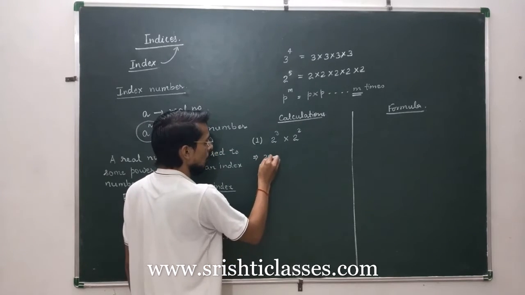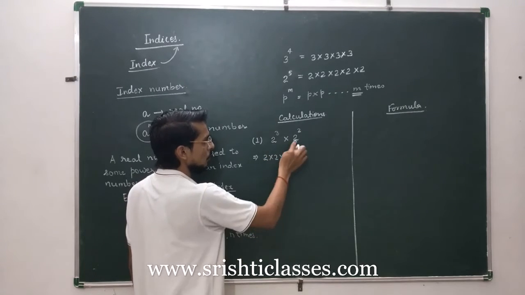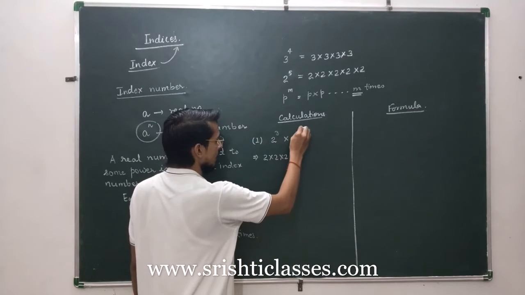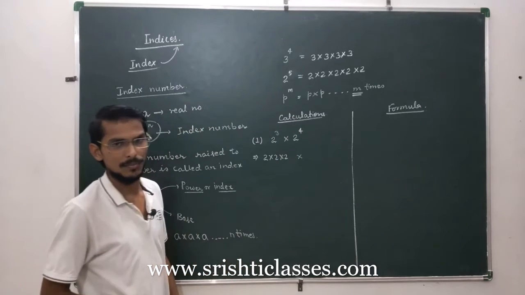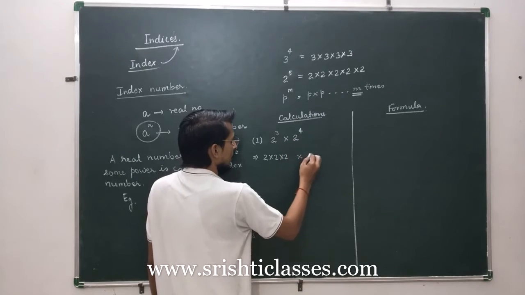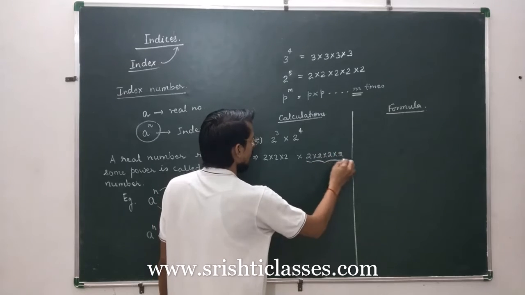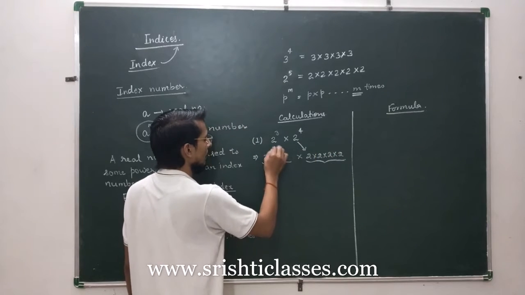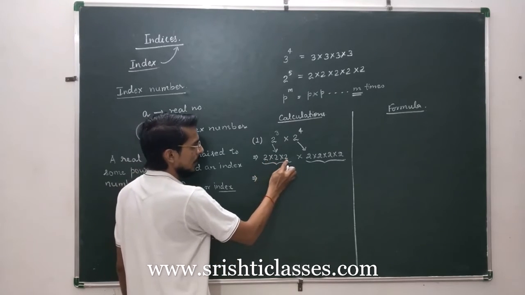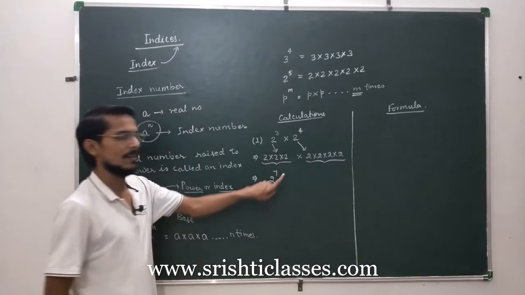So you can write 2 into 2 into 2. And 2 raised to the power 2 means 2 is multiplied for 2 times. For more convenient case, let us suppose it 4 times. Okay, the power is 4. So you will write 2 into 2 into 2 into 2 for this and for this. So ultimately 2 is multiplied for 1, 2, 3, 4, 5, 6, 7 times. So you can write 2 raised to the power 7.